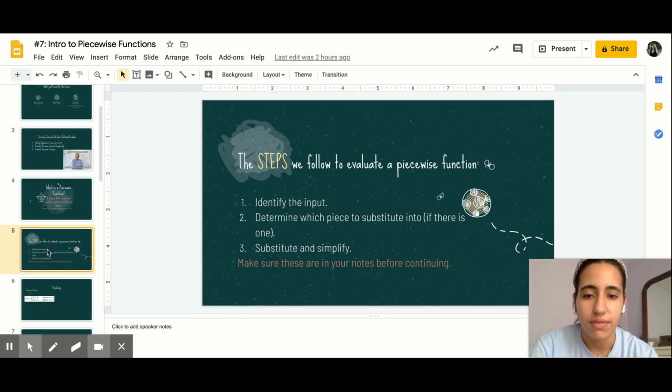You always identify the input and you always substitute and simplify. But since this is a piecewise function, you also do that middle step where you determine which piece to substitute into in order to simplify. We're going to go over that protocol together.